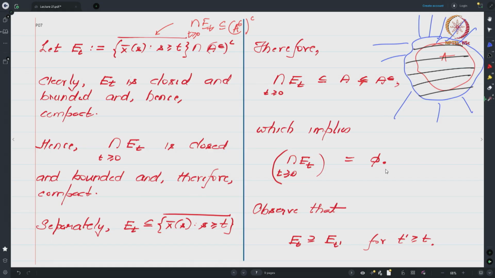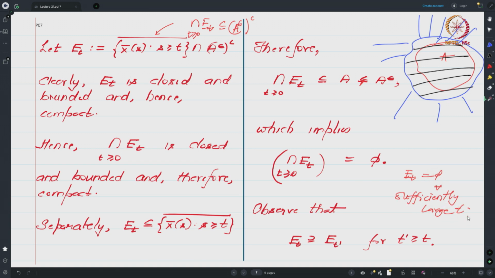Now, what we will do is use this fact to conclude that Et is empty for all sufficiently large t. In other words, if the intersection is empty, we are going to use that fact to conclude that individual elements in the intersection themselves are empty for all sufficiently large t.